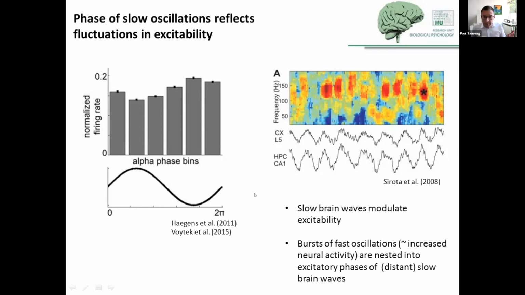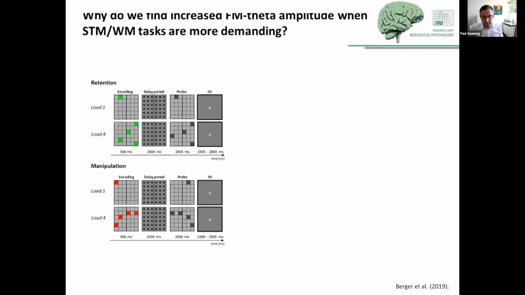So it seems that this increased amplitude in these slow frequencies is necessary in order to get a really big difference between the more excitatory and the more inhibitory phase that is associated with neuronal activity.